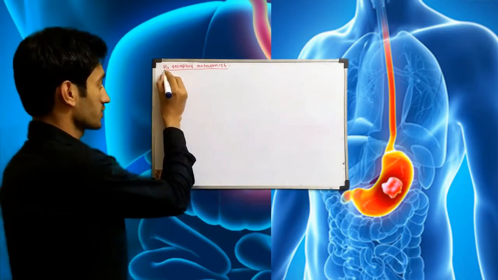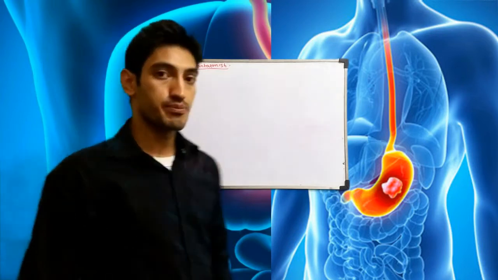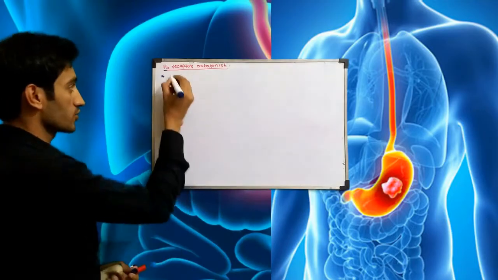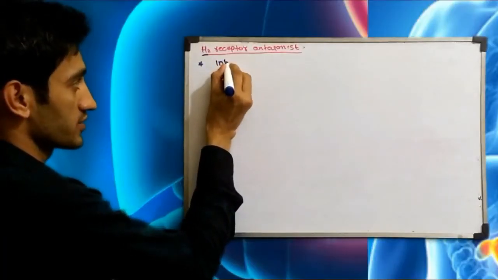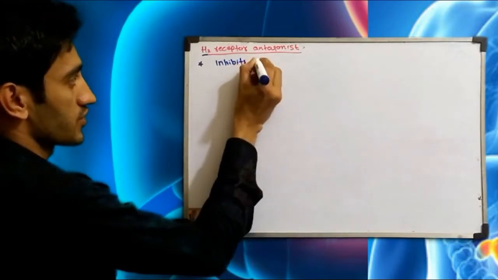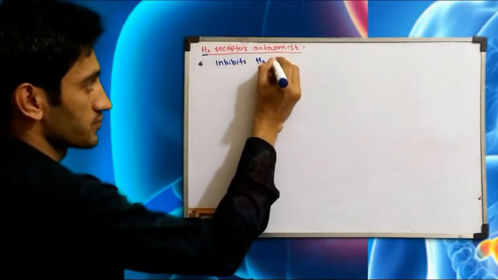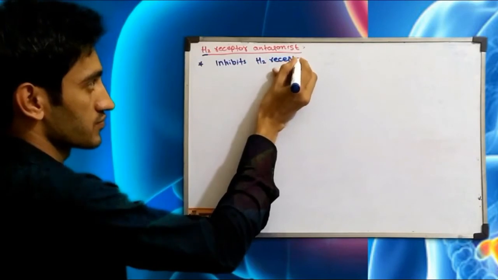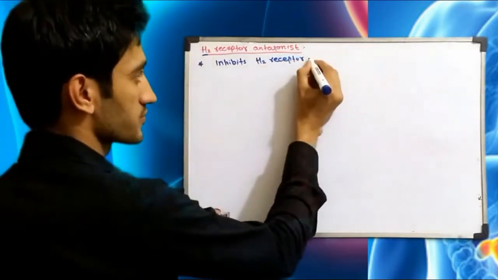As the name suggests, it blocks or inhibits the H2 receptor or histamine receptor on the parietal cells of the stomach. So the mechanism of action is it inhibits H2 receptors on parietal cells.